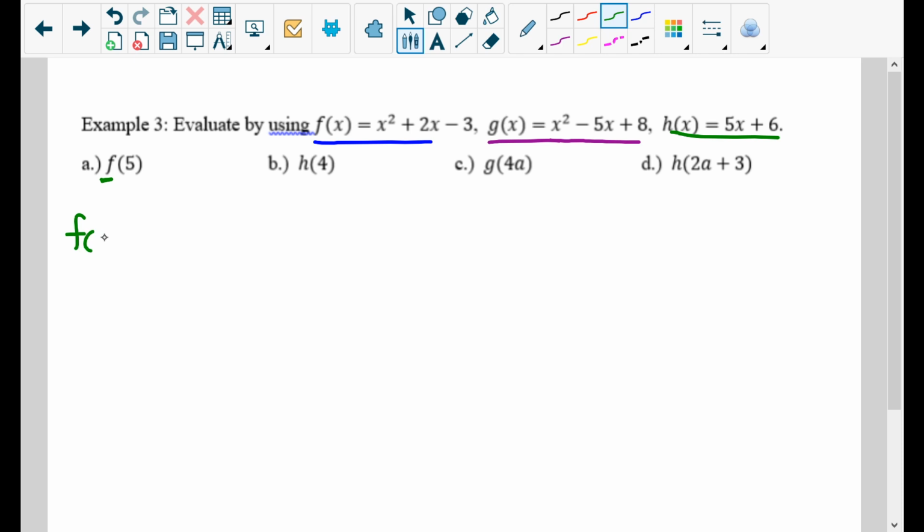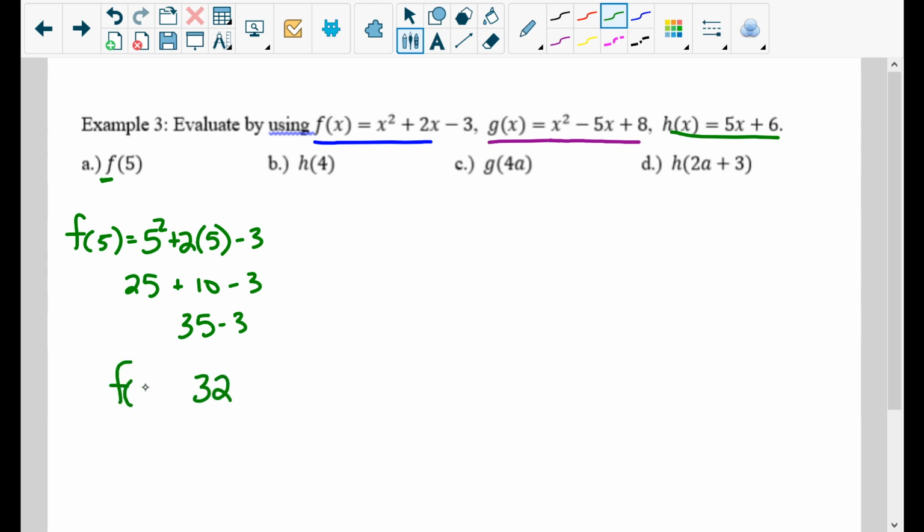So f of 5, using the f function, x squared plus 2x minus 3, so 5 squared plus 2 times 5 minus 3. We're using order of operations. 5 squared is 25, 5 times 2 is 10, so 25 plus 10 is 35, minus 3 gives me 32. So f of 5 is 32.